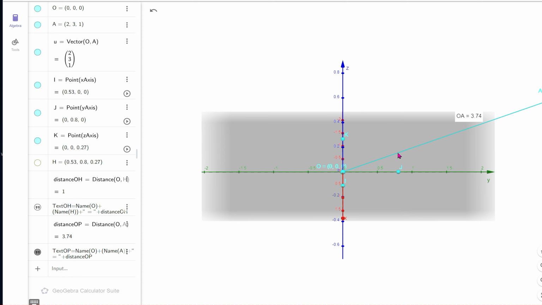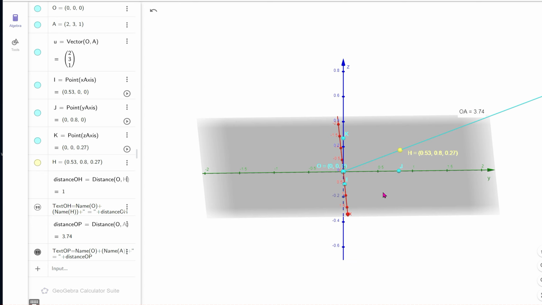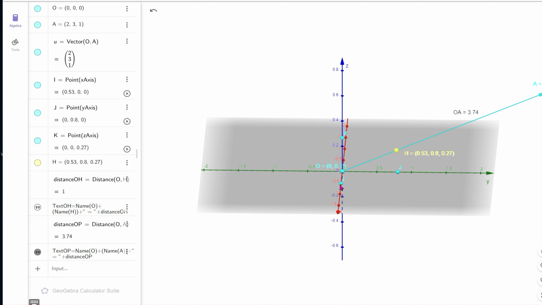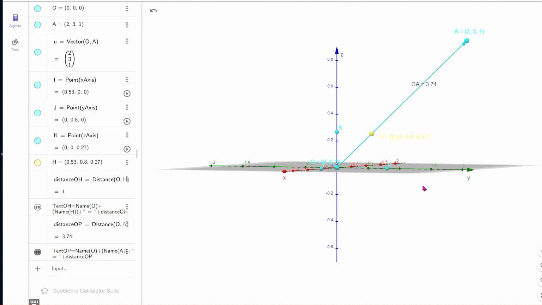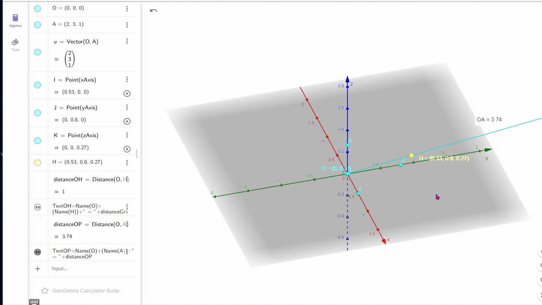The coordinates of the unit vector we have already calculated, and I just substitute the values here. So these will be the coordinates of the unit vector: i component 0.53, j component 0.83, and k component 0.27. Now if we measure this length from the origin until the point H, you should get 1.